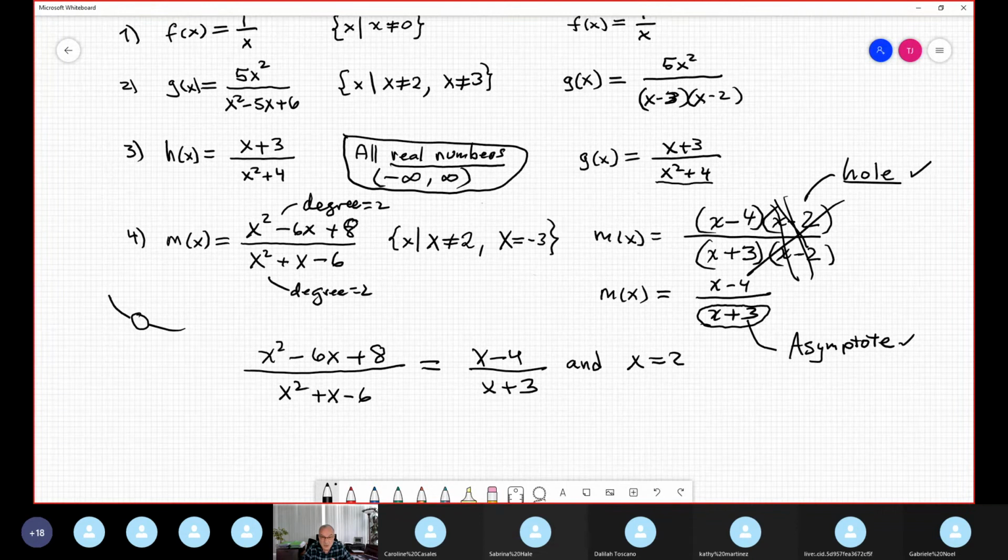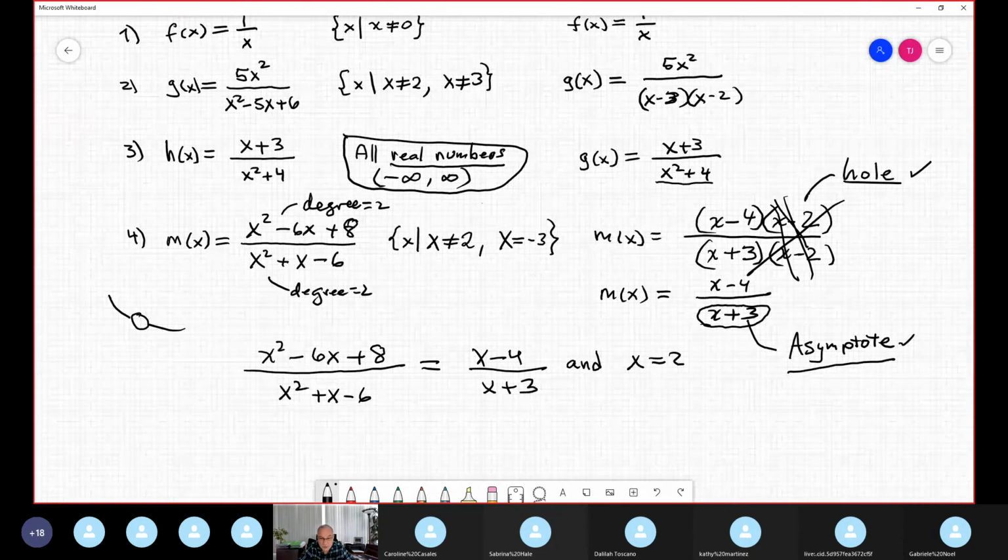And negative 3 is also undefined, but in another way, because it's the asymptote. Okay, I want to explain in a few minutes, so you have no question.